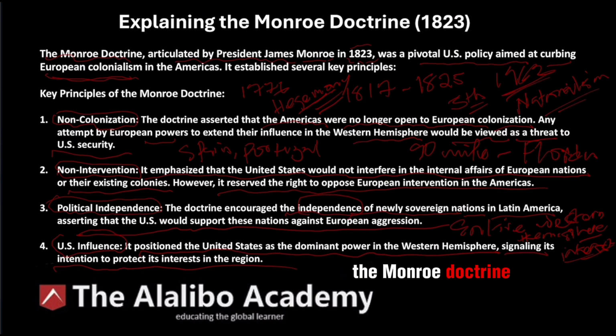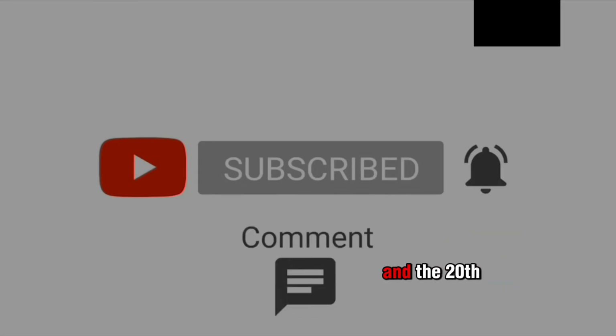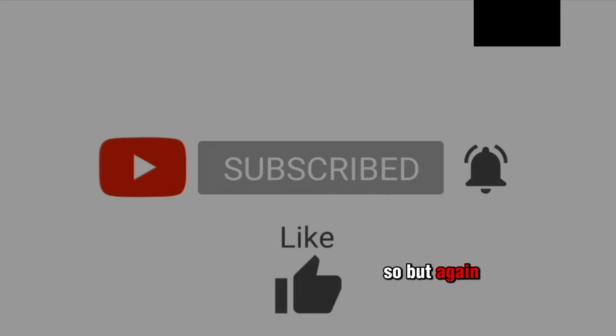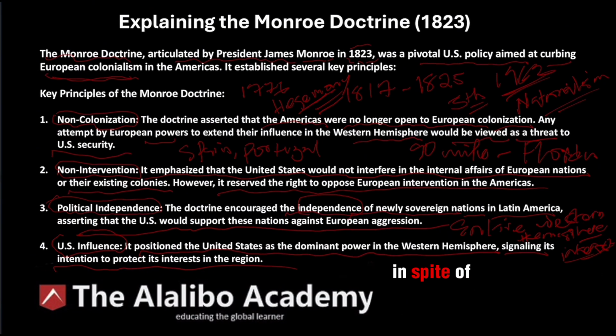So the Monroe Doctrine laid the foundation for U.S. foreign policies in the Americas, influencing later policies and interventions throughout the 19th and the 20th century. But again, there have been controversies. In spite of all of this, there have been controversies about this doctrine. It has been interpreted in various ways, sometimes to justify intervention in Latin America.